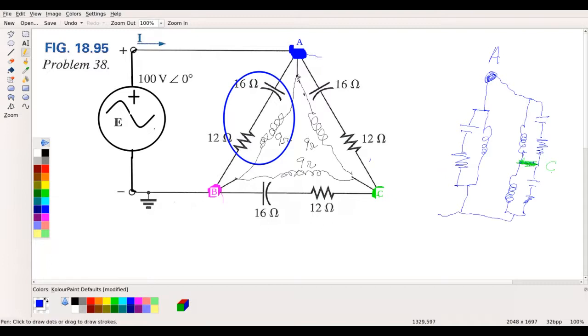And so this over here is node B. So this down here is all node B. So now we have each of these impedances, which is a set of parallel impedances.